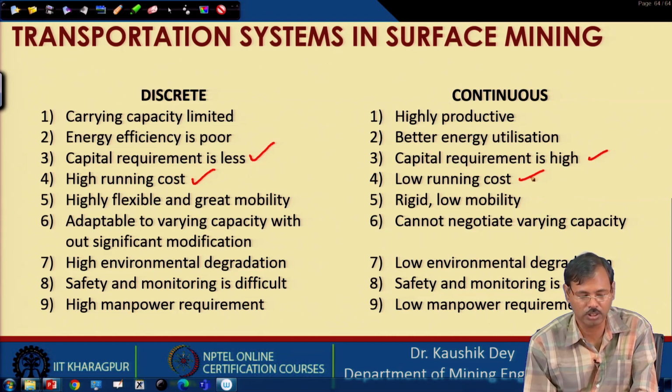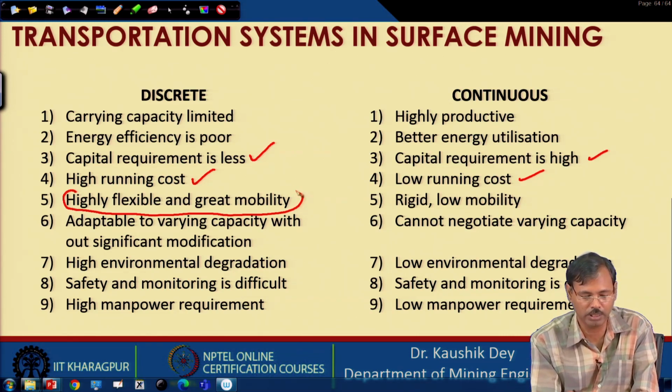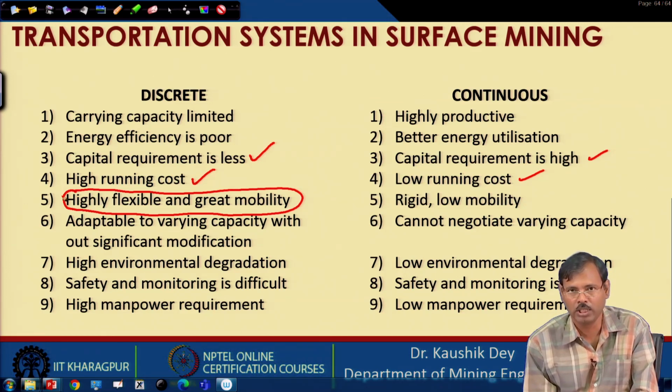So, running cost is less for the continuous system, but the discrete system has flexibility and great mobility. Your shovel can change position, and the dumper can negotiate the change from one face to another face, one bench to another, one dumping point to another, stockpile to the railway siding.